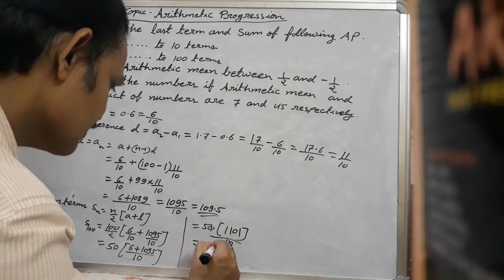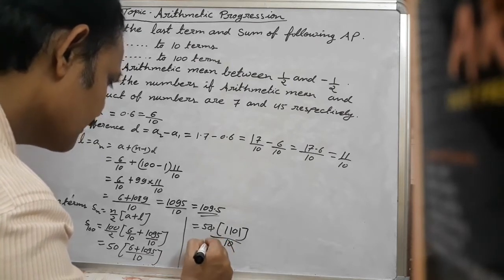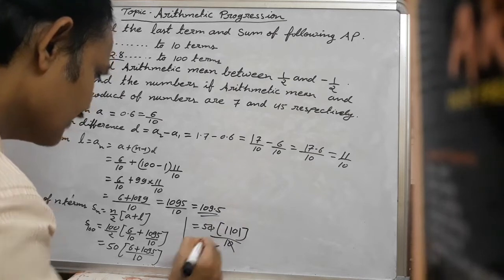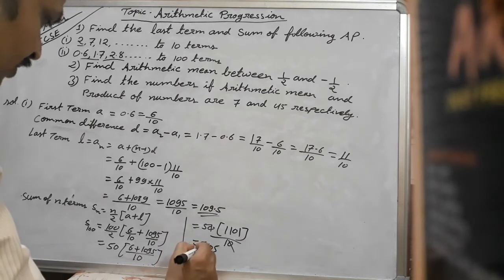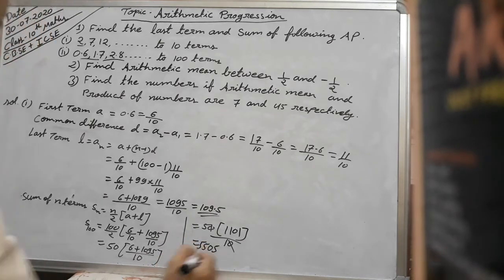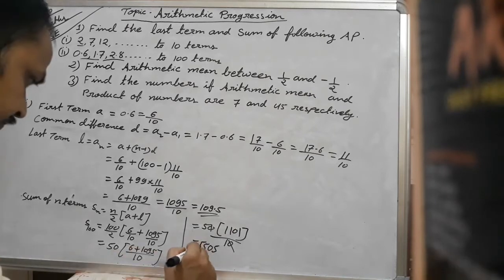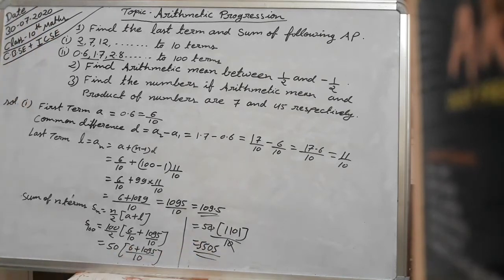You will get 5505. The sum of n terms is 5505. This is the answer. Now the next one, second question. I think you understood this one; you only have to put the last term formula and the sum of n terms formula.